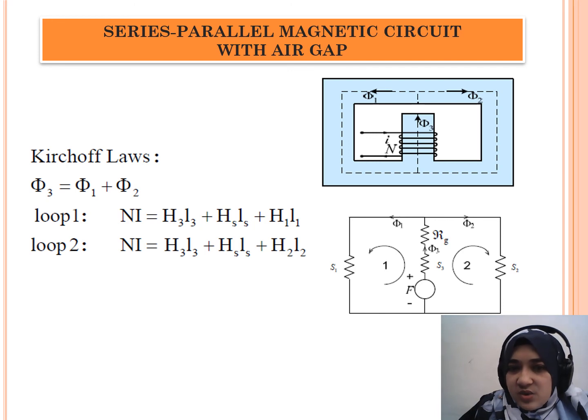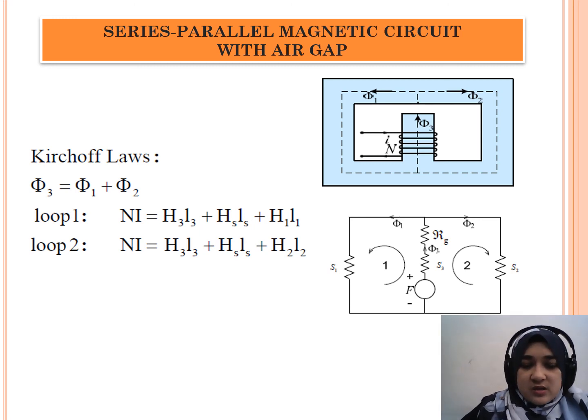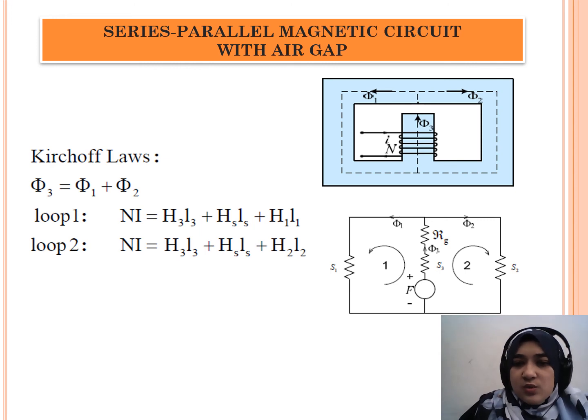So it has 3 parts, H3 L3 plus HS LS, here denoted, and plus H1 L1. For loop 2, N I is equal to H3 L3 plus HS LS plus H2 L2.